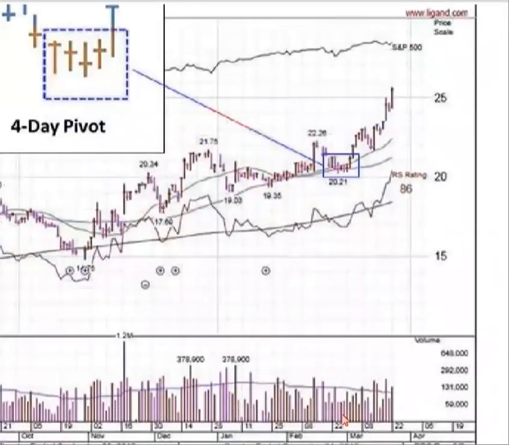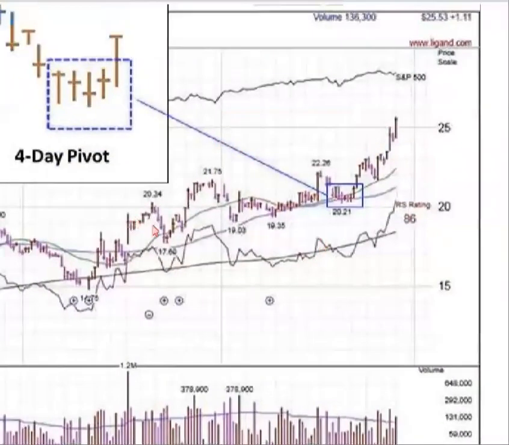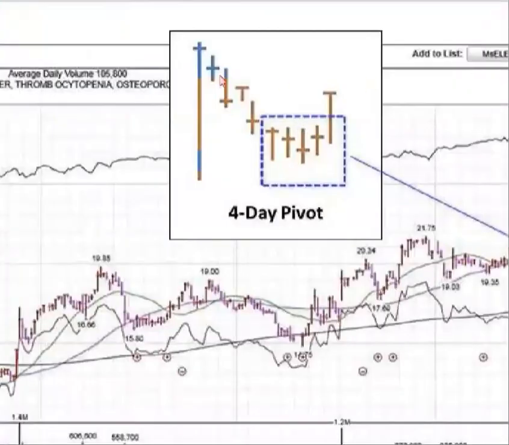See, you just want to see all the same characteristics, and then as we turn up from there, we're moving through this multi-day pivot. In this particular case, you see we get a 1, 2, 3, 4, 5-day pullback, 1, 2, 3 days. So we actually form this little 4-day pivot, and then you see the two-step. We pull into the range, and then when we take out the upper range there, that's the point of action.